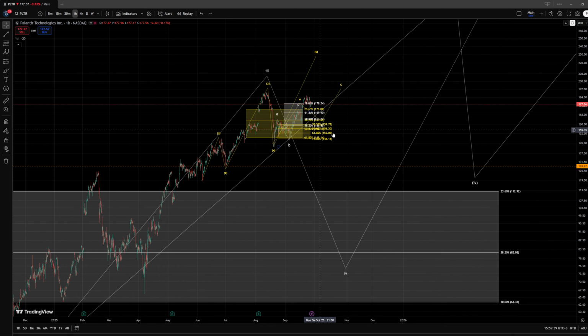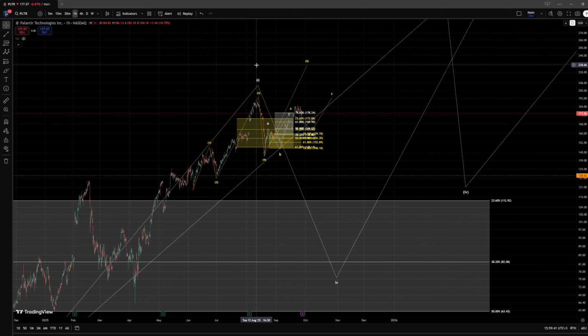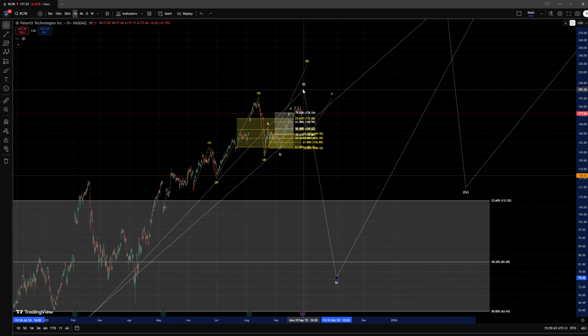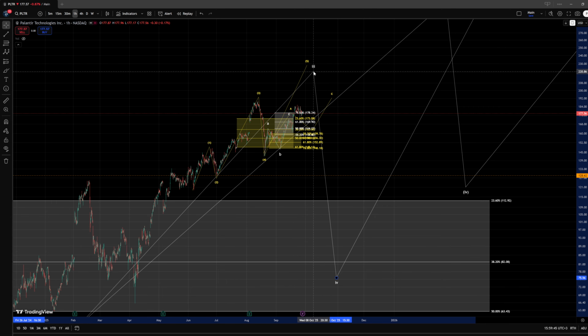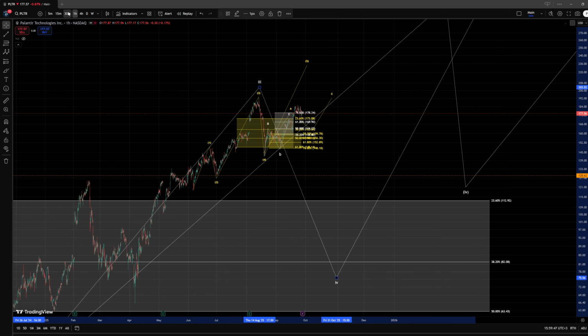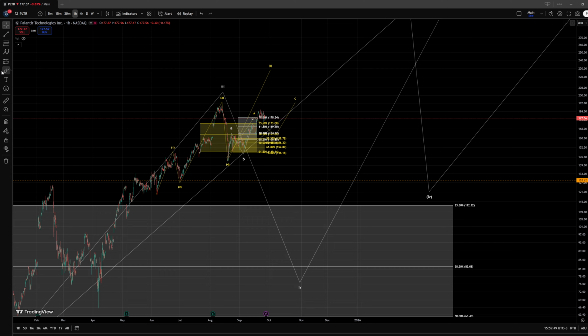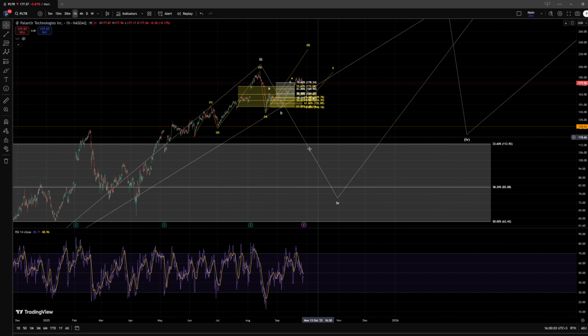Now it is a very difficult area to determine if we will succeed in forming this additional fifth wave to the upside, because as it usually happens, the area around the tops that are forming happen to have such structures that are in diagonal patterns, and they generally are a lot more difficult to predict, and they get a lot more choppy.